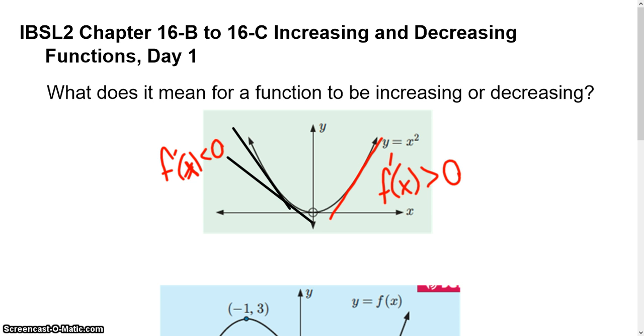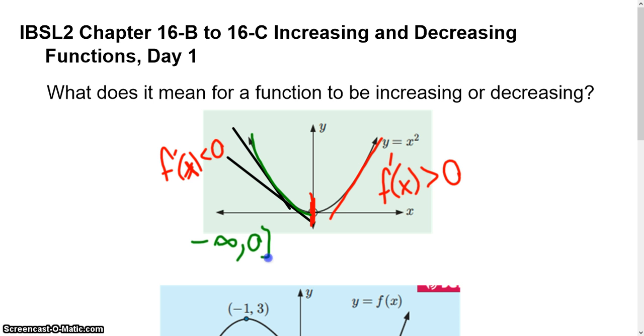Now, we can look at the intervals where the function is increasing or decreasing. For example, here you know from the fact that this is a parent function that our minimum point is at the origin, 0, 0. So we would say that our function is decreasing from negative infinity up to 0.